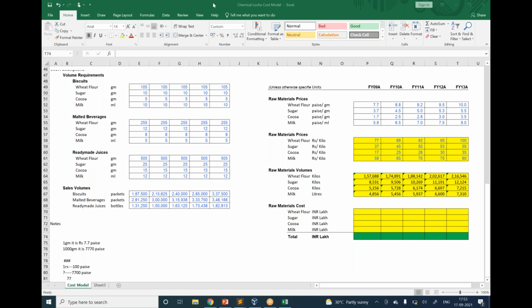Okay, let me check. We got the answer. 77 into 14 lakhs, right? Divided by 10 to the power of 5.